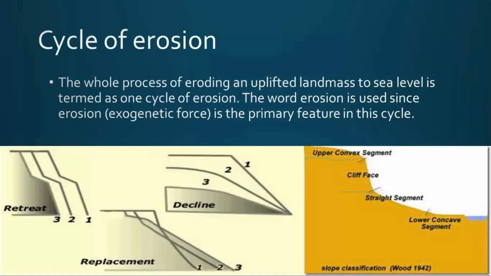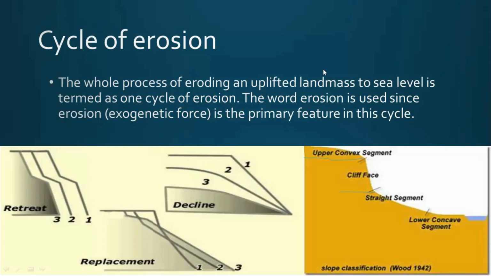Now let us come to the cycle of erosion. What is the cycle of erosion? It refers to the whole process. Now when we speak about a cycle, it can be a never-ending process also. The whole process of eroding an uplifted landmass to sea level is termed as one cycle of erosion.